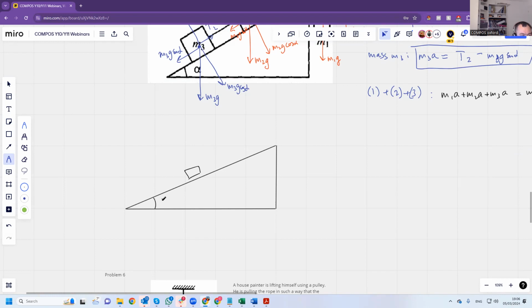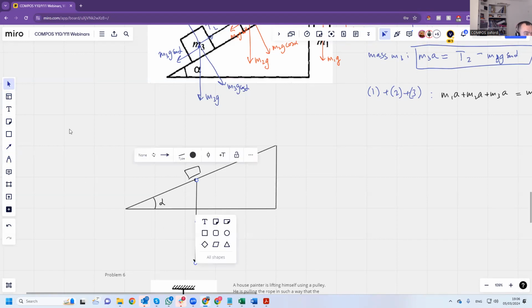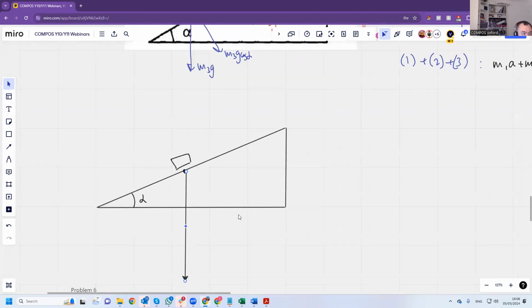This angle is alpha. Now, I'll draw this force from here, and we split this into components.